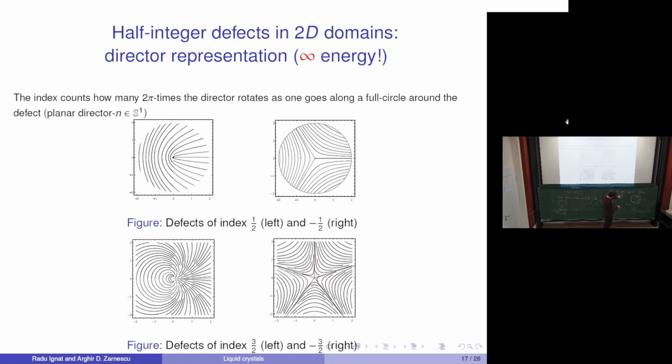And for line fields, instead of the index being an integer, the index can belong to the integers divided by 2. Okay?